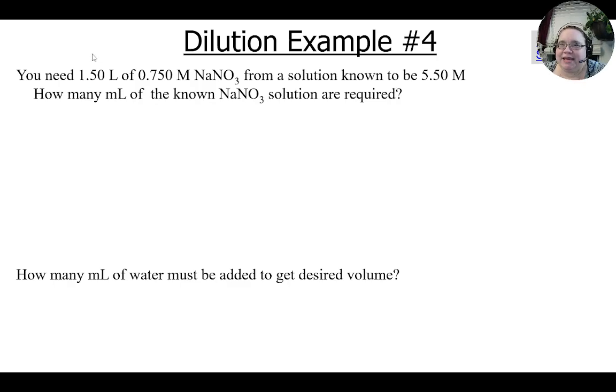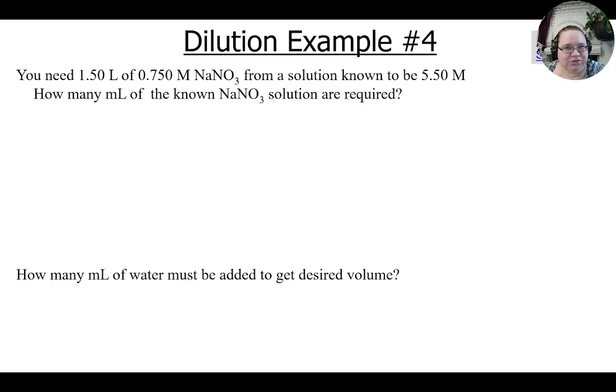You need 1.5 liters of 0.75 molar sodium nitrate solution. We have a known solution that is 5.5 molar. It's asking us for how many milliliters of sodium nitrate would we need to use?